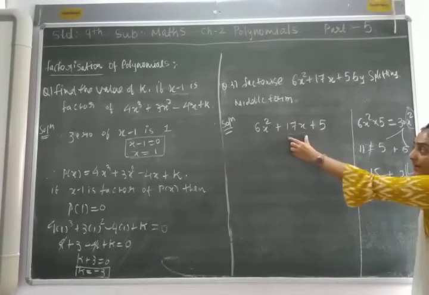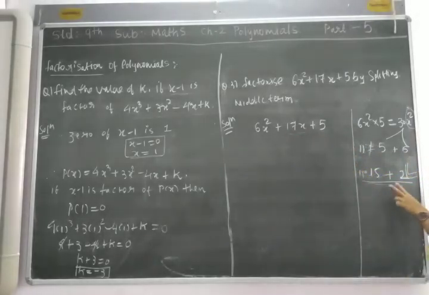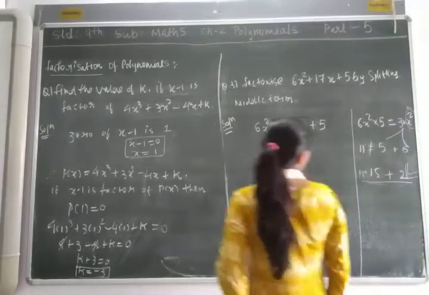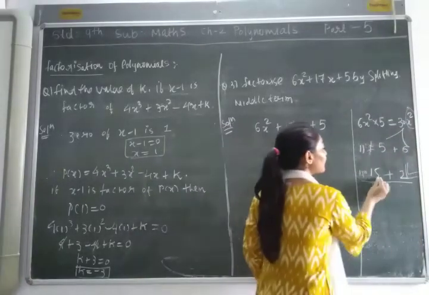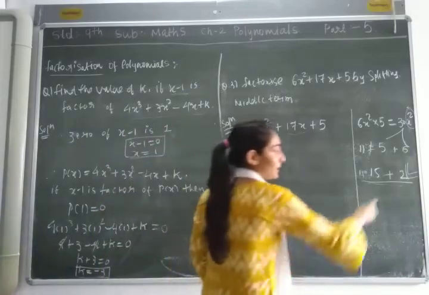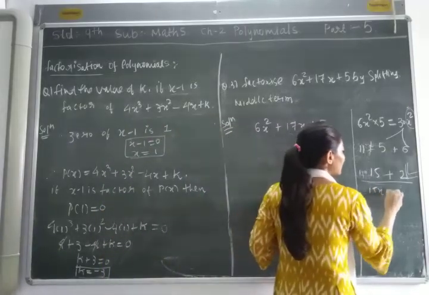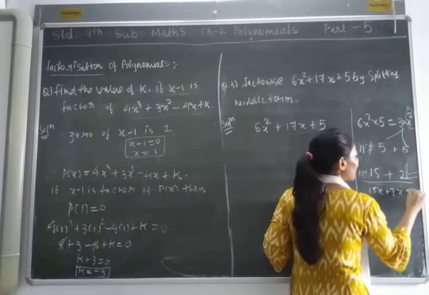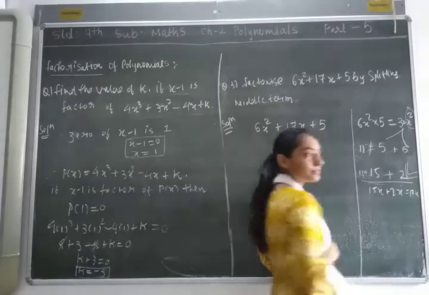We want my middle term as it is. So the factors of 30 we are taking are 15 and 2. So 15x plus 2x, I am getting 17x.